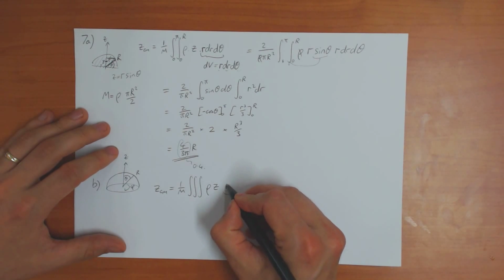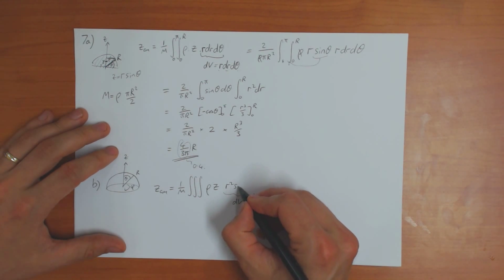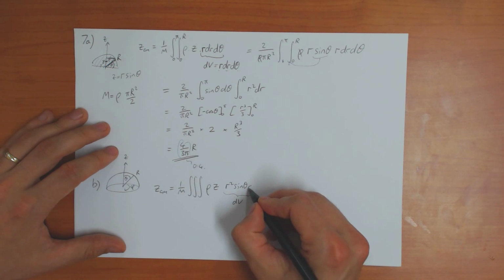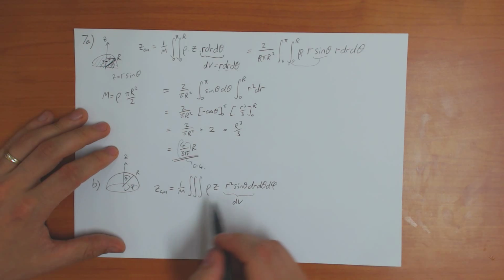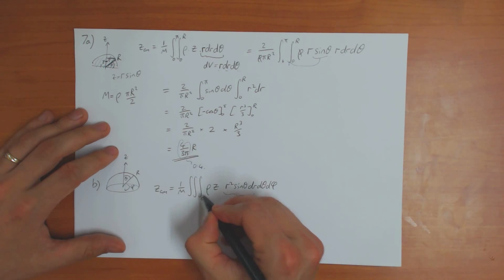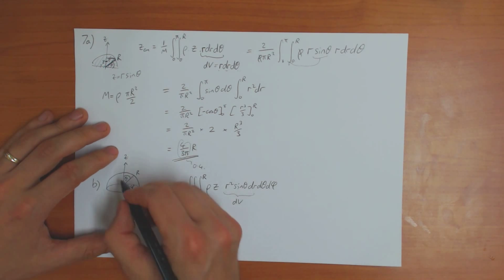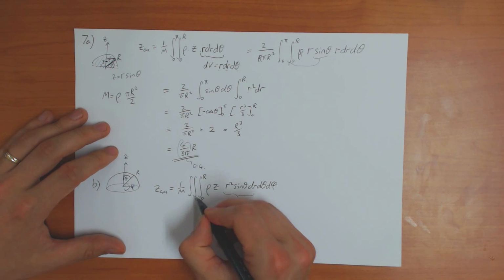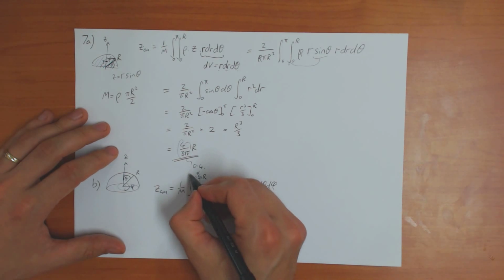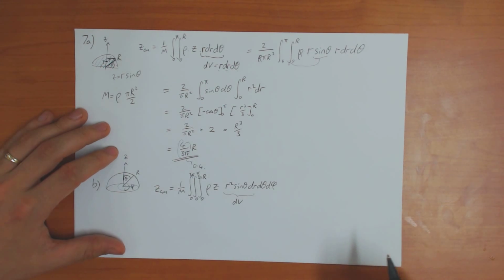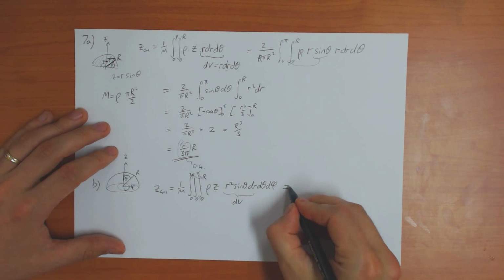So here you need to multiply by r squared sine theta dr d theta d phi. Okay, and r goes between 0 and capital R, theta goes from here 0 to pi by 2, and phi goes all the way around, so that's 0 to 2 pi. Okay, and what is z?